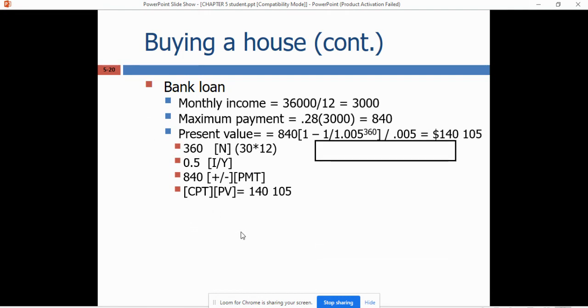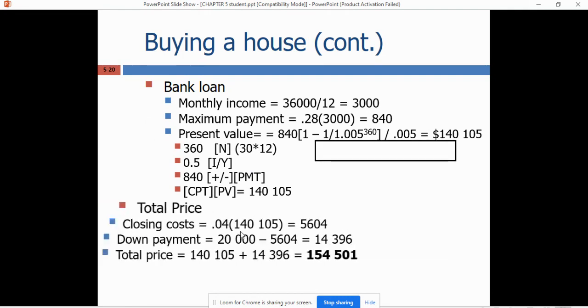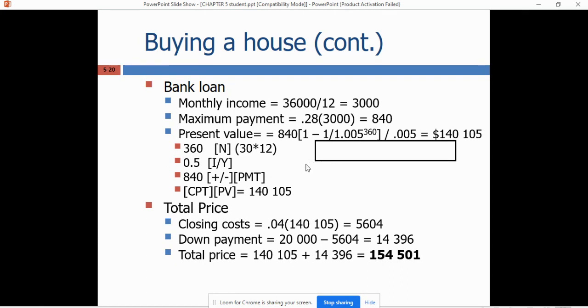The next part of the question asks you to calculate the total price. How do you calculate the total price of the house? Your closing costs, they say, are 0.4% of your loan value. So 0.04 times the loan amount, you get 5,604.